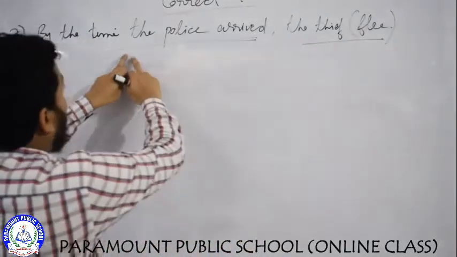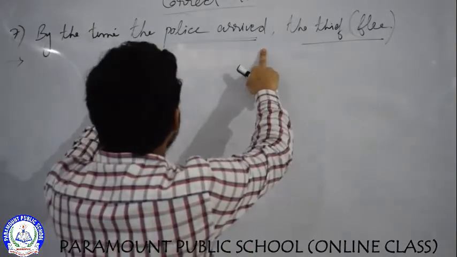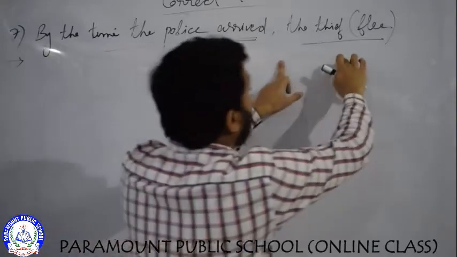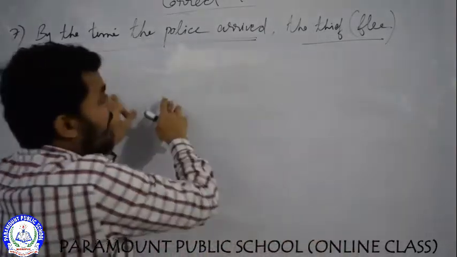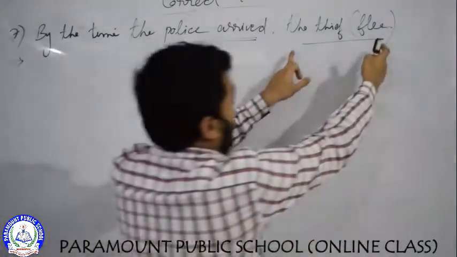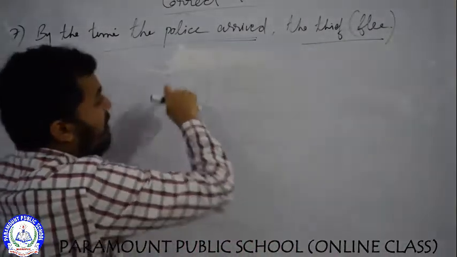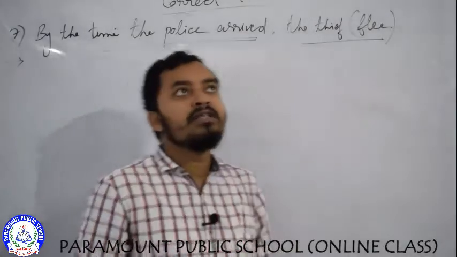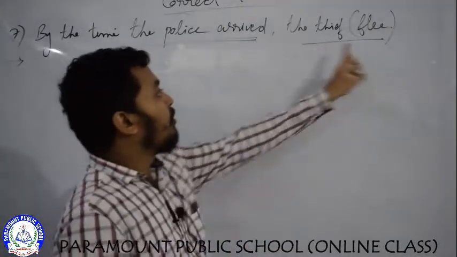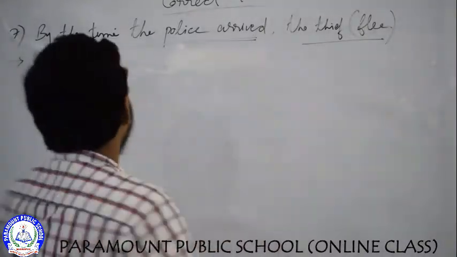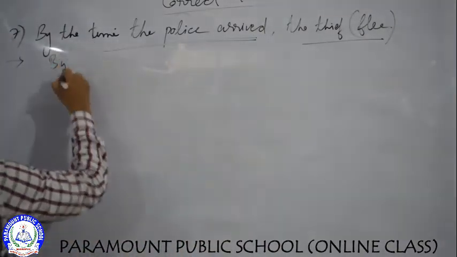So see, before the arrival of the police, the thief flee. Meaning, the thief fled first, the police arrived later. So this work happened first, this work happened later. The work that happened first will be put in which tense? Past perfect tense. So I shall make this verb past perfect. So what will I write?